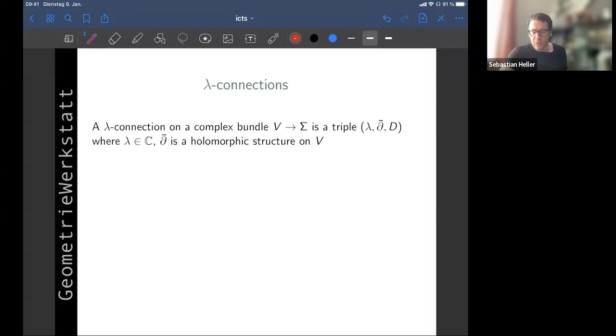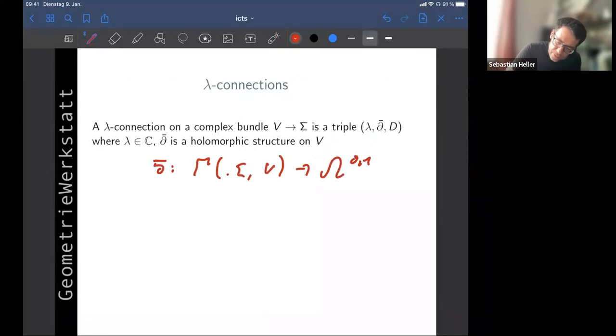So it's given by a triple consisting of some complex number and a holomorphic structure on the bundle V. So for me, a holomorphic structure is usually an operator, a first order linear differential operator which maps sections of the bundle V into 0-1 forms with values in the bundle V, satisfying the 0-1 part of the Leibniz rule.